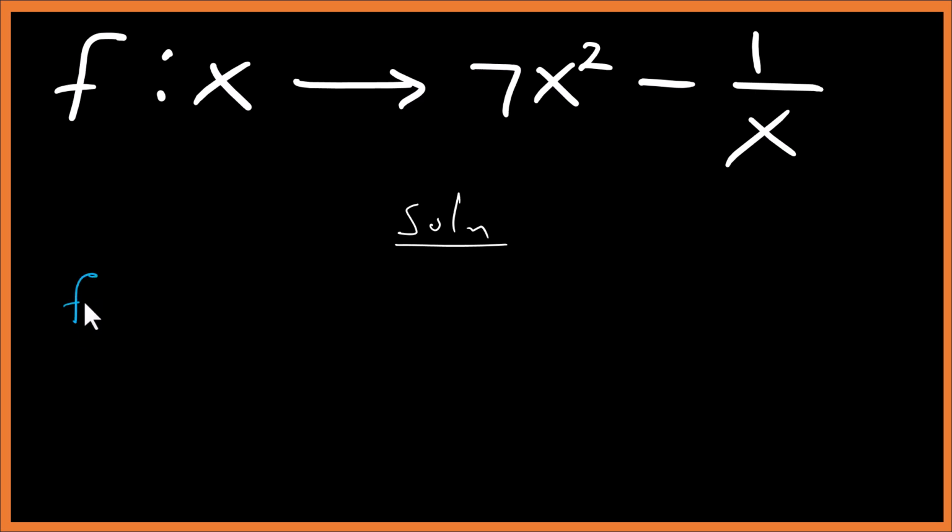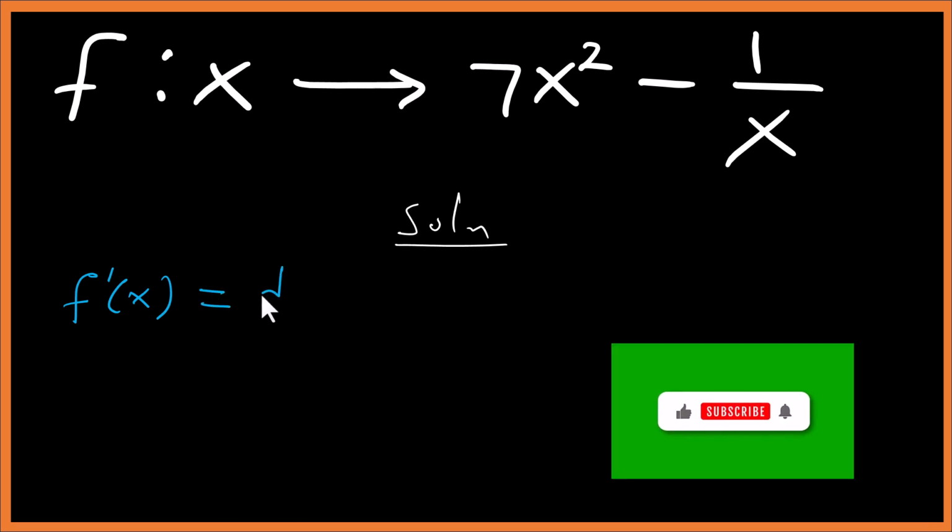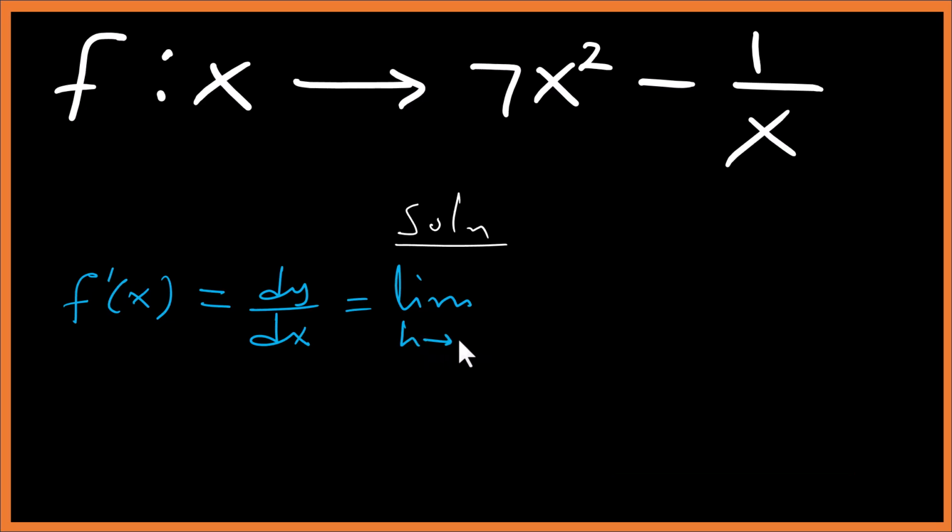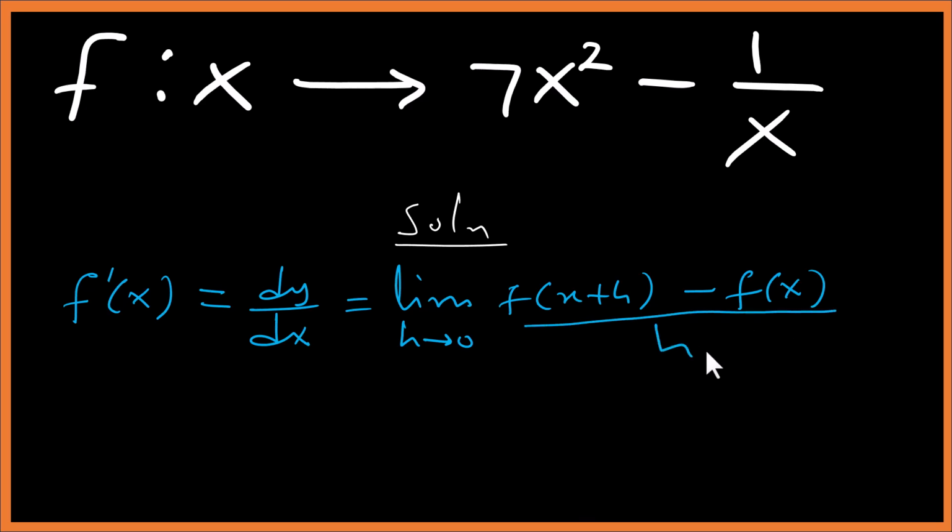It goes like this: f prime of x, which is the same as dy/dx, is the limit as h approaches 0 of f of x plus h minus f of x, all over h. So that's the formula.